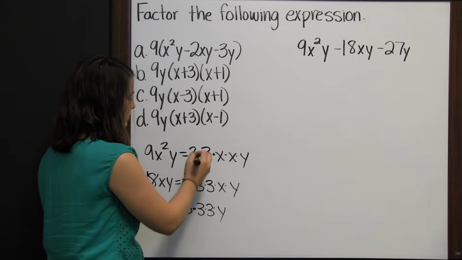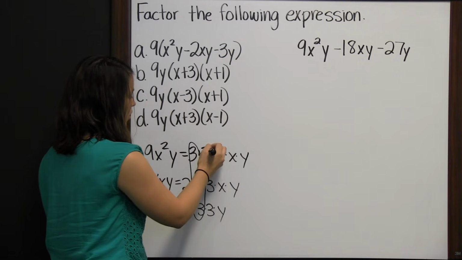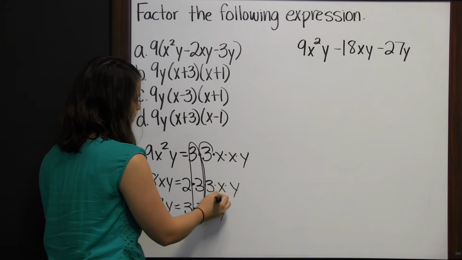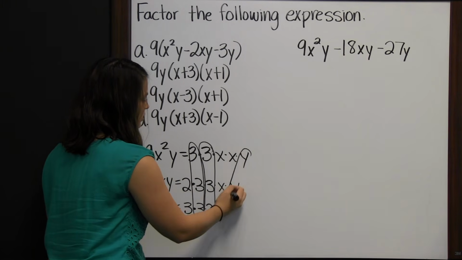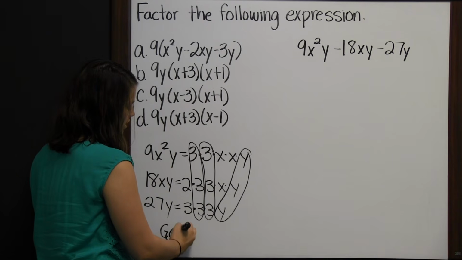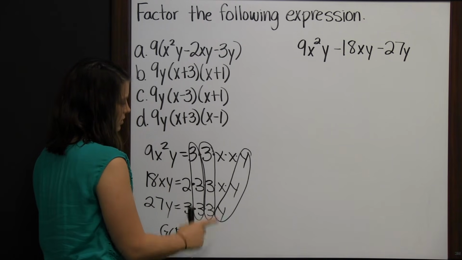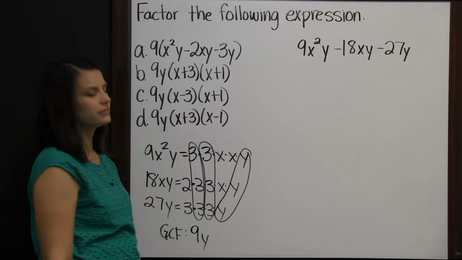All three of our terms have a 3 in common. All three of our terms have another 3 in common. And all three of our terms have a y in common. So the GCF is 3 times 3 times y, 9y.